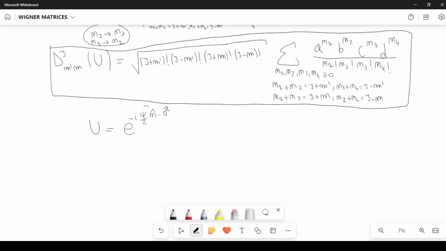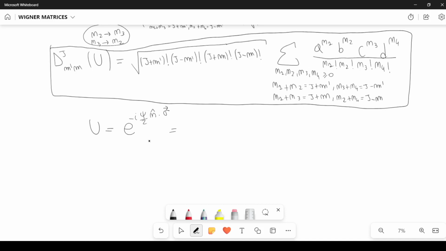So there are three independent parameters. One is here, and n has two independent parameters. For example, two angles, because n is a unit vector. It has three components, but the three components should satisfy a certain constraint, such that the norm of the vector is equal to 1. So we have three independent components overall, right?